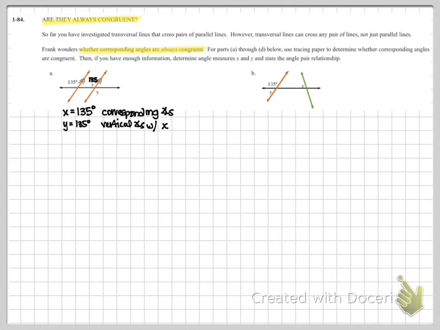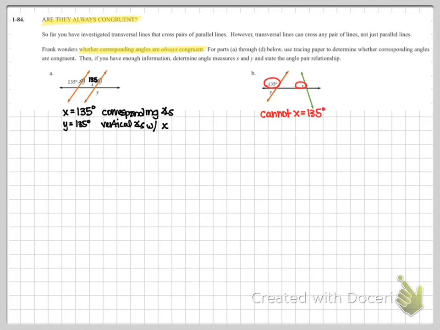They clearly look like they're going to intersect each other. Therefore, if I take a look at these where the 135 degrees is located and the X is located, well, they're in the same relative position. They're above the transversal and to the left of their lines, but they're not parallel. So I cannot say that X is equal to 135. And honestly, I don't know if I could figure out how big X is anyway.